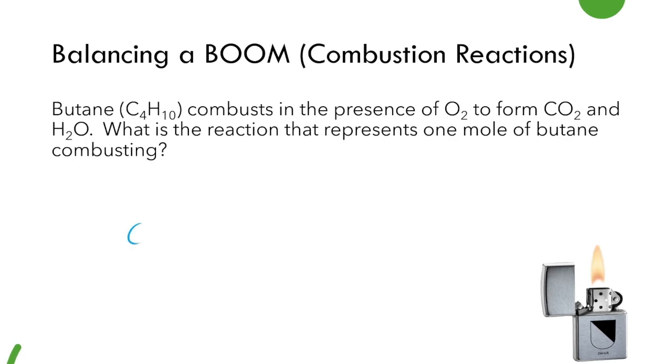All right. I'm going to start out with my unbalanced equation. I'm told in the question that I have butane, C4H10, and oxygen, O2, as my reactants. My products are CO2 and H2O.